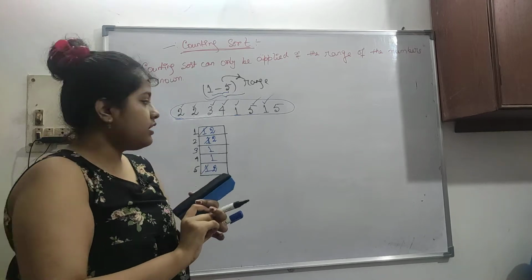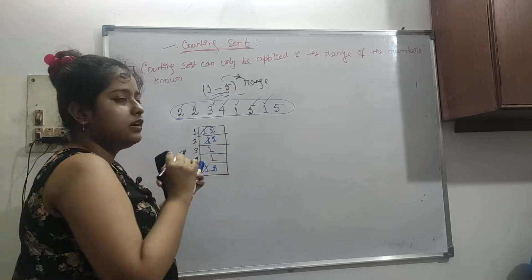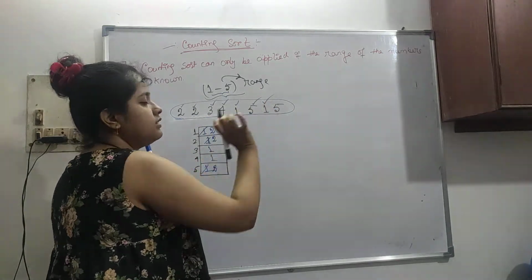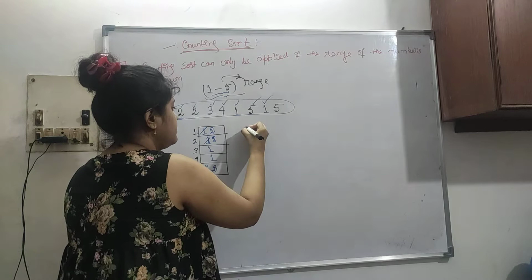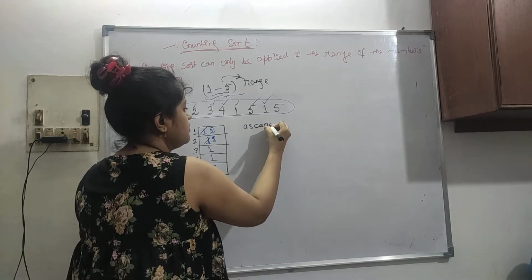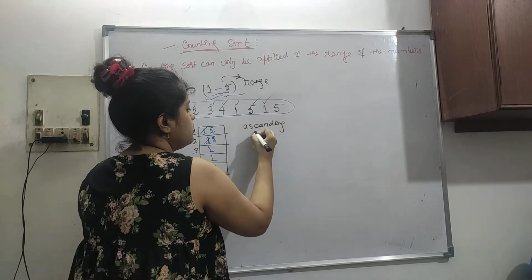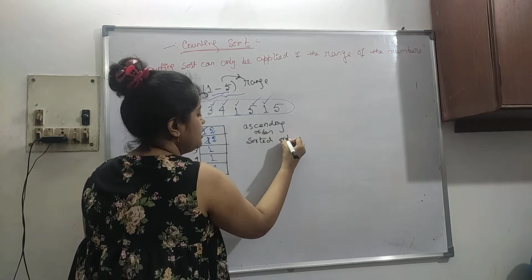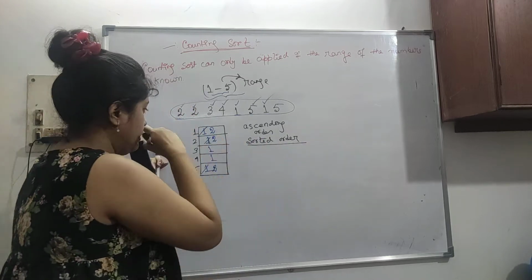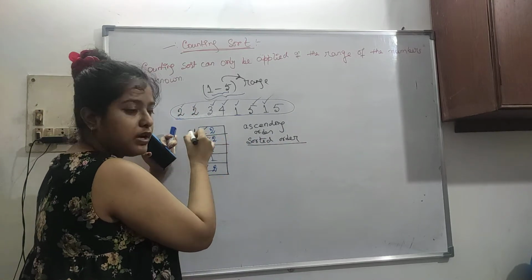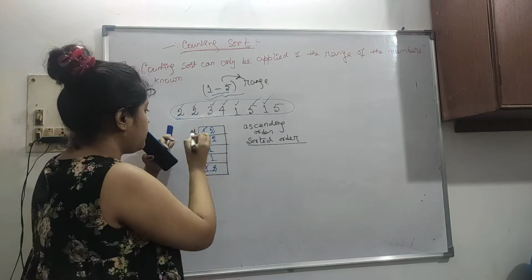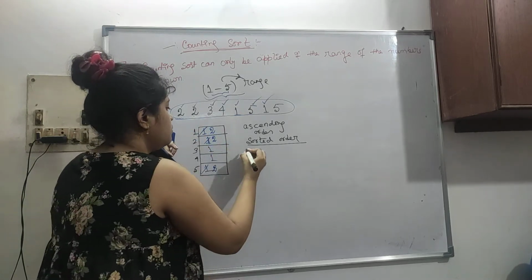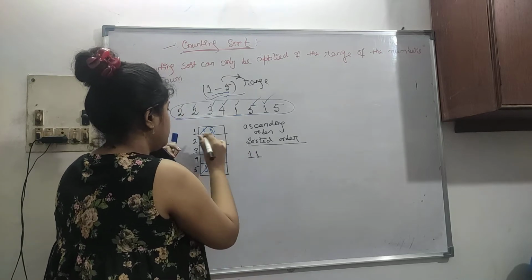Now we can easily know the sorted order. See, this was unsorted, not in ascending, not in descending. The ascending sorted order comes as follows: we just check 1 2 3, going sequentially. 1 has got 2, so 1 is present 2 times: 1 1.